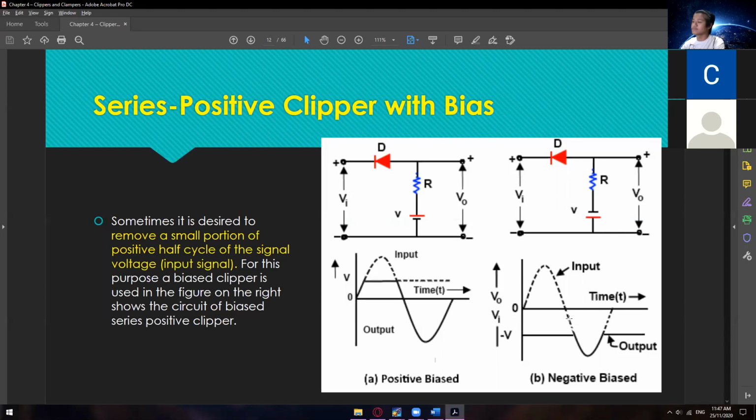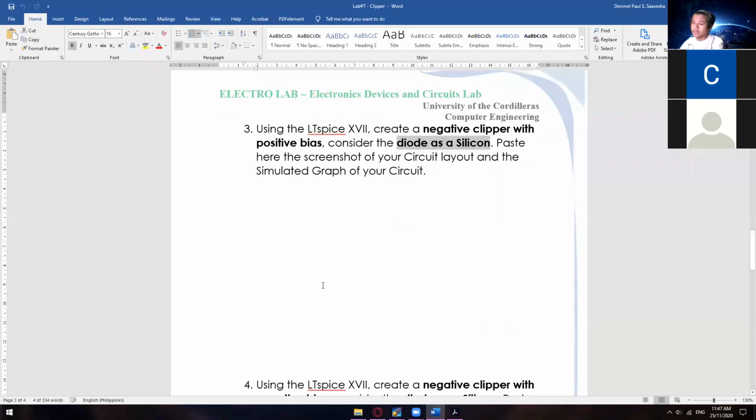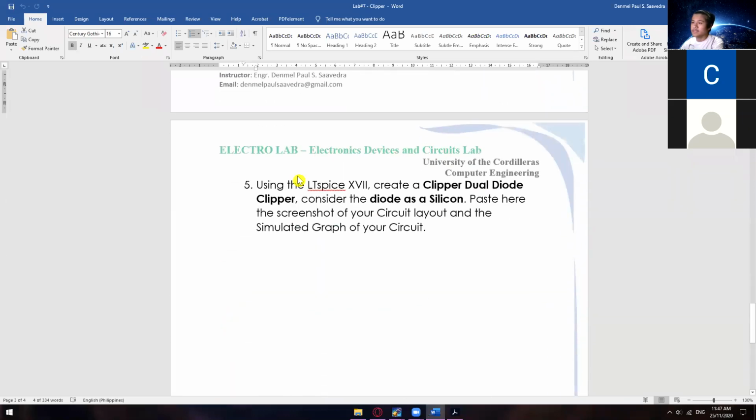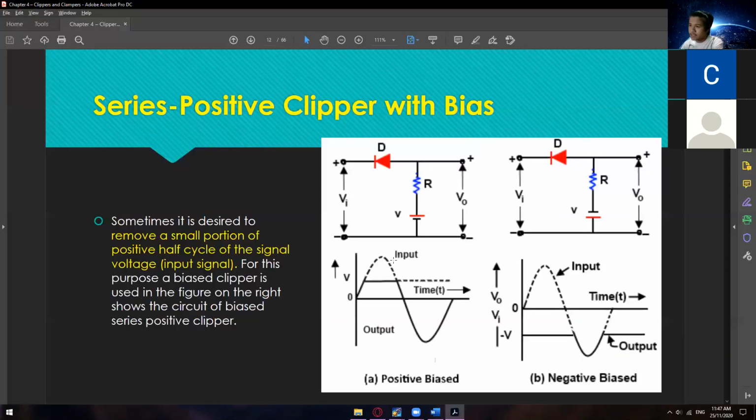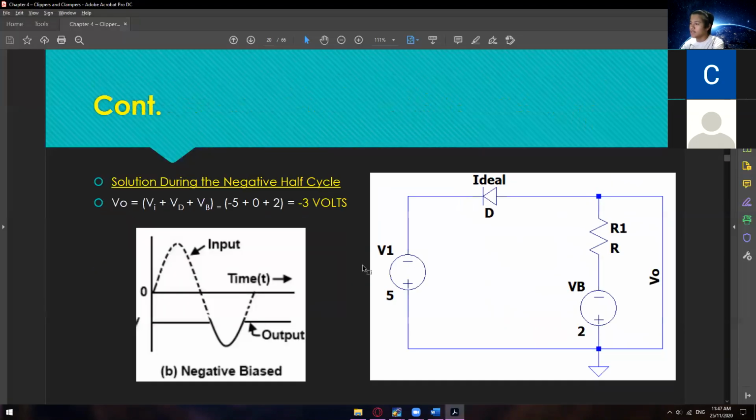To finish. The same with the negative clipper with bias. And then the last one is the dual diode clipper, wherein it will clip the positive and negative side. So it will clip both sides. So how does it look like?